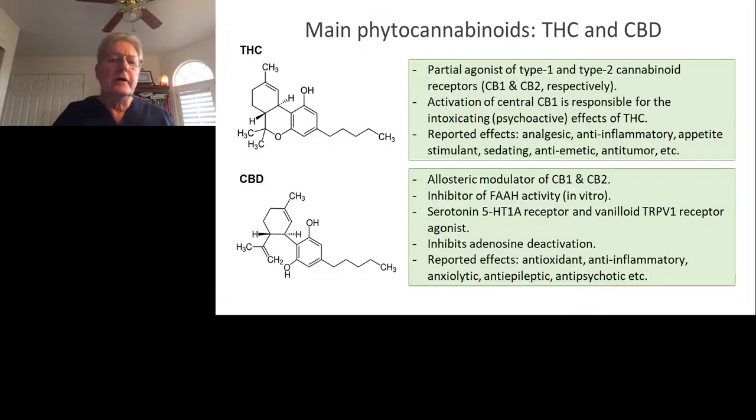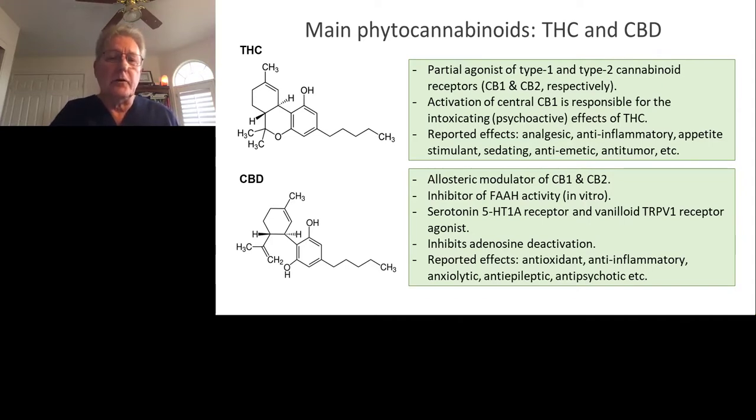So again, we're taking a look at the two main phytocannabinoids, THC and CBD. THC is a partial agonist of both the CB1 and CB2 receptors. Activation of the CB1 receptor centrally is where we get the intoxicating effect, or that high that's associated with THC in the neutral form, not in the acidic form.